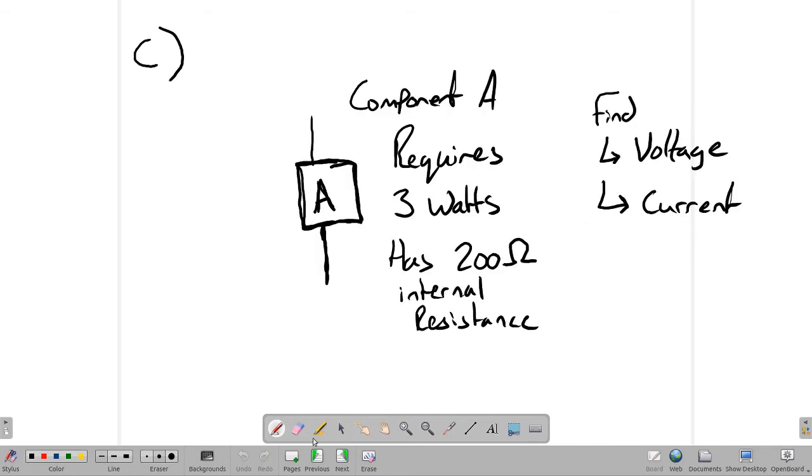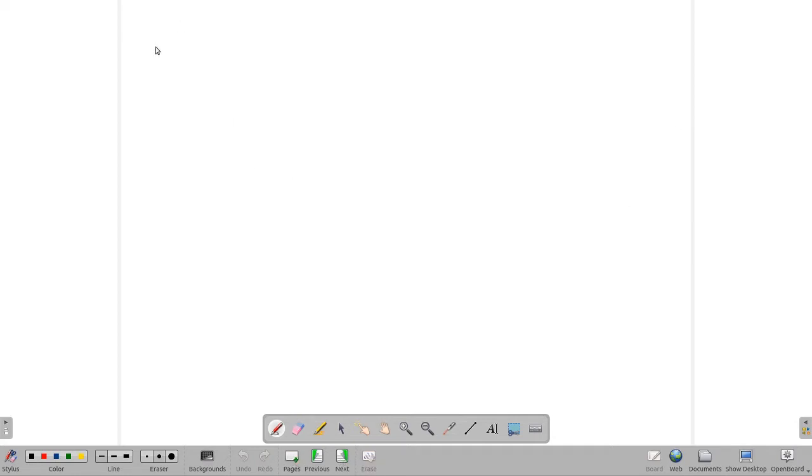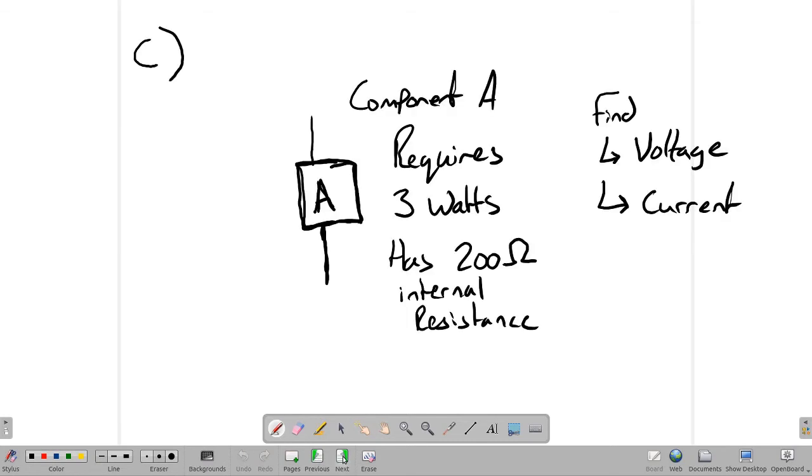Looking at the next one, we've got component A, which requires 3 watts and has 200 ohms internal resistance. We need to find what voltage across this makes it run, and what current goes through it to make it run. So we've got 3 watts and an internal resistance of 200 ohms. What we're going to do is write P equals IV and V equals IR, and then rearrange them.